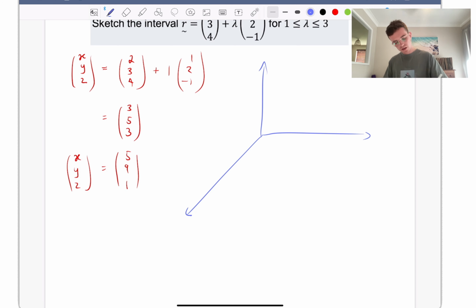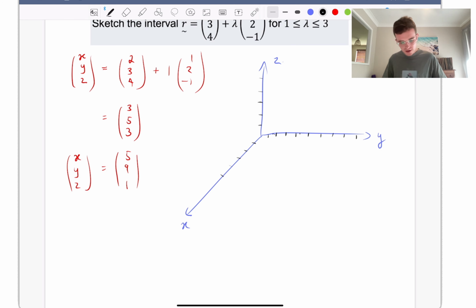So let's draw our Cartesian plane, x, y, z. Let's do (3, 5, 3). We might go 1, 2, 3, 4, 5, 1, 2, 3, 4, 5, 1, 2, 3, 4, 5. Or we have to go to 9. I might make the y's a bit smaller. Let's go to 9. 1, 2, 3, 4, 5, 6, 7, 8, 9.